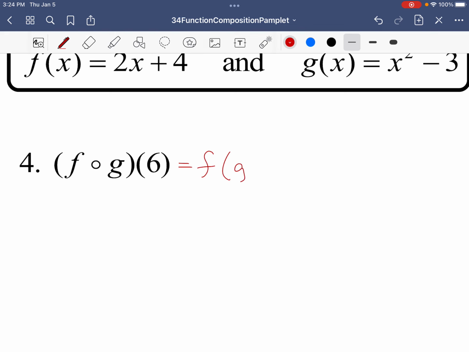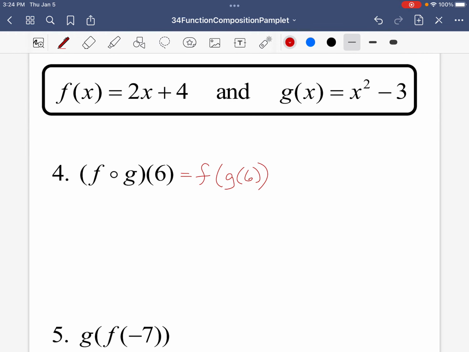Some students would like to rewrite. If you want to rewrite it, that's fine. You're ultimately going to be asked to figure out g of 6.